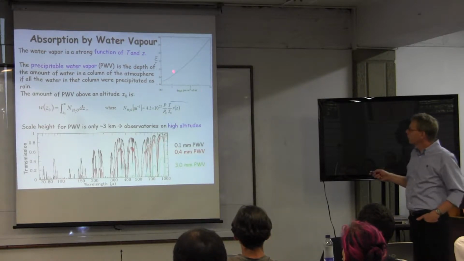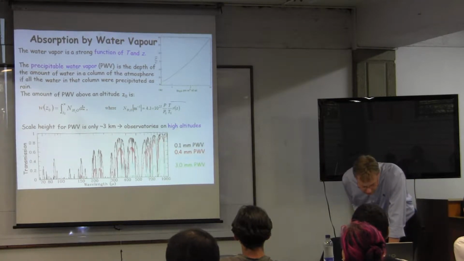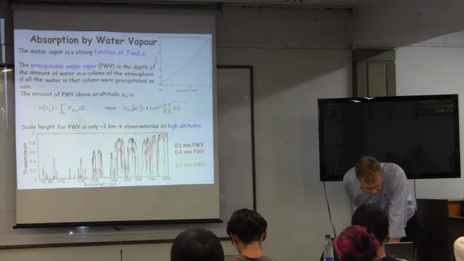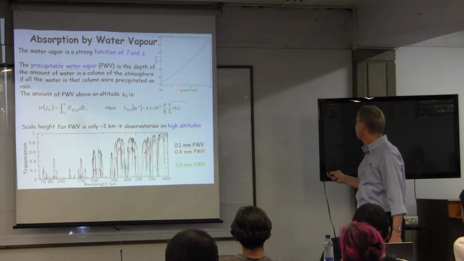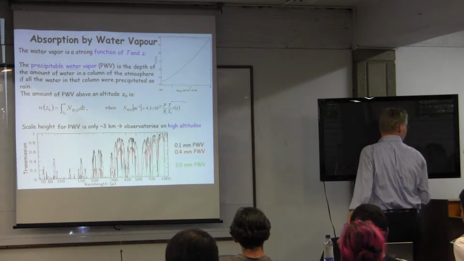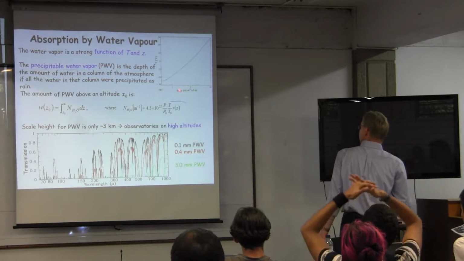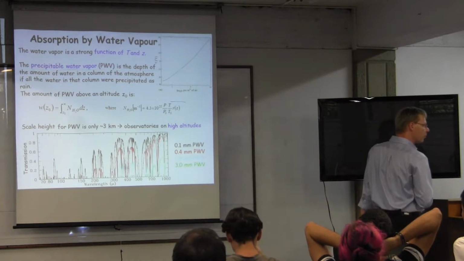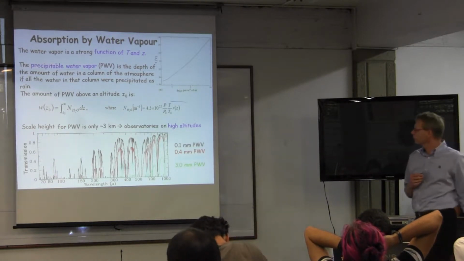Is it meters or centimeters or millimeters? Zeta? This says grams. This is a G. Grams of water per cubic meter.